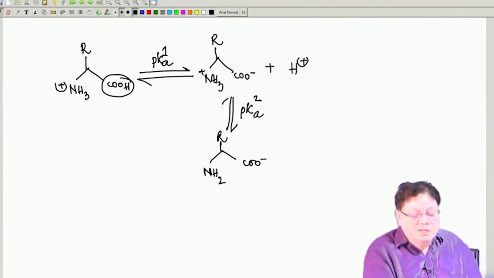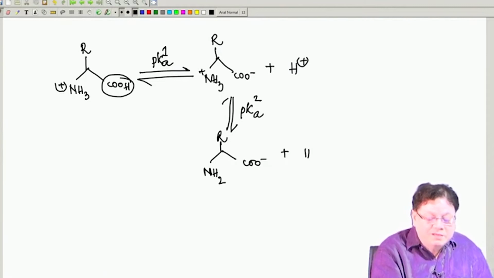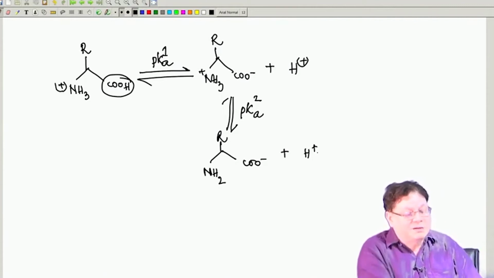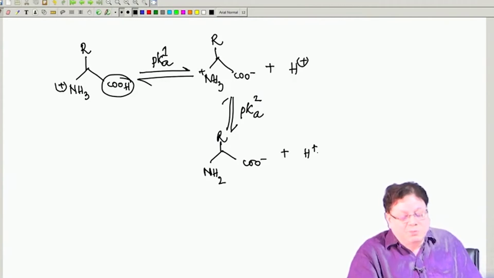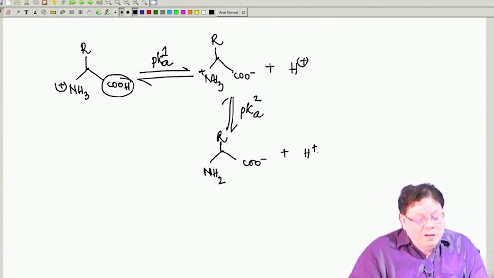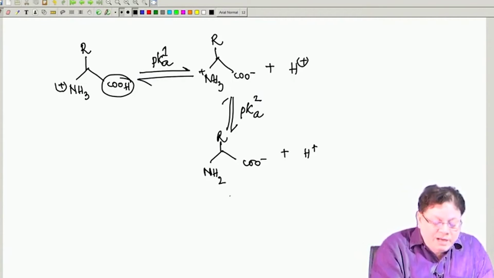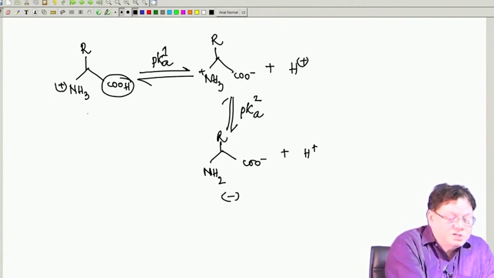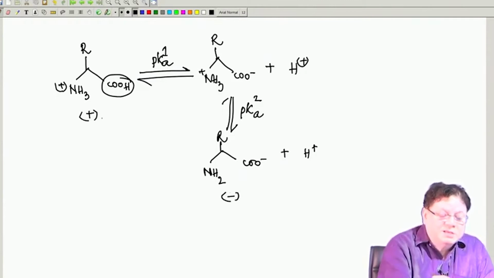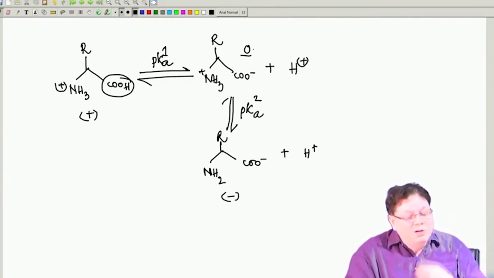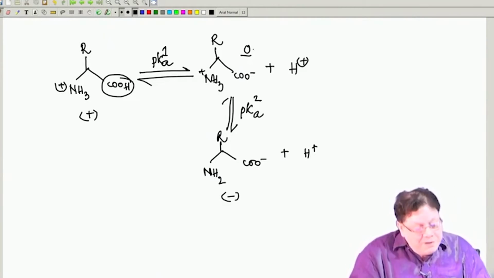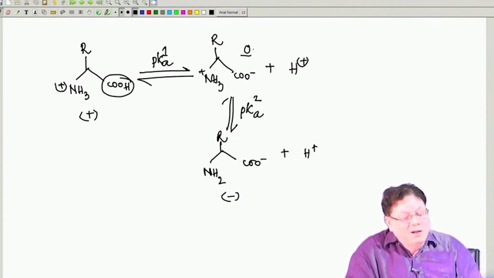This is what exactly happens as you raise the pH from a very acidic zone to, say, up to pH 12. Now, this has a net negative charge, this has a net positive charge, and this has a net 0 charge.